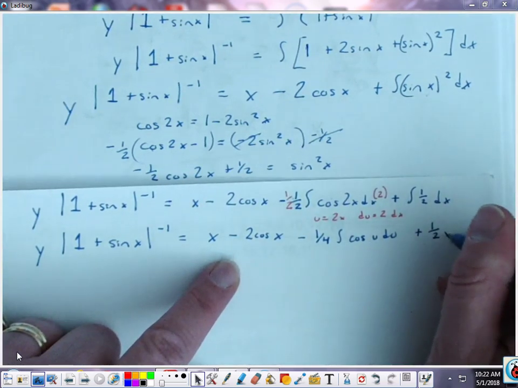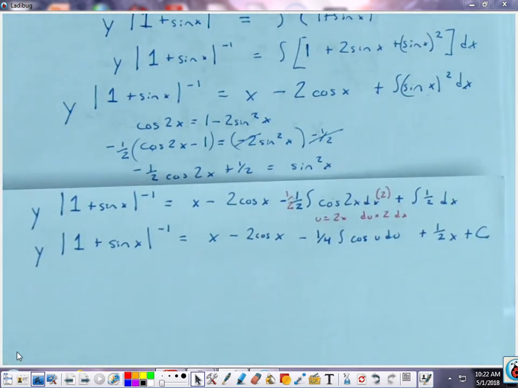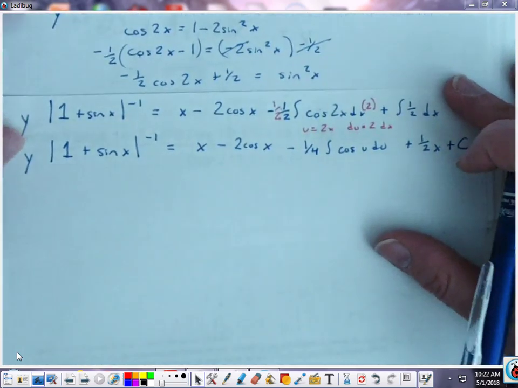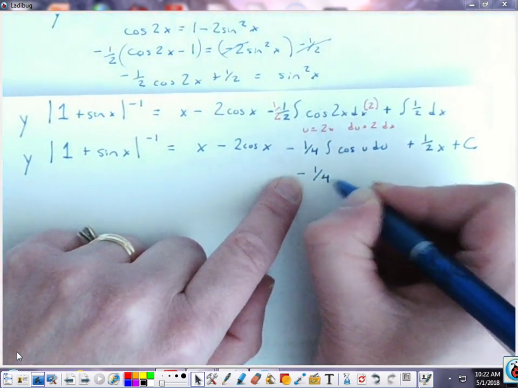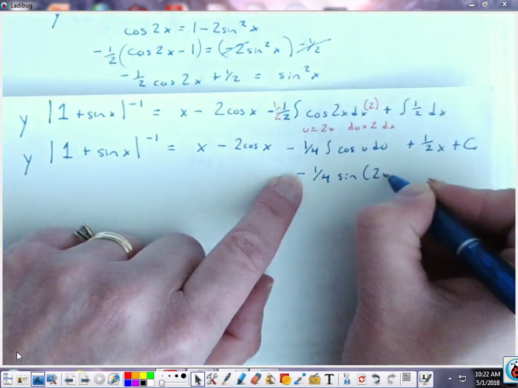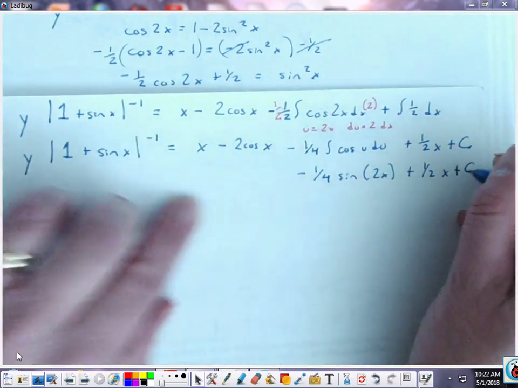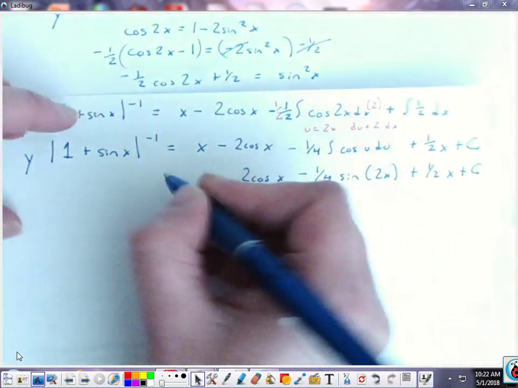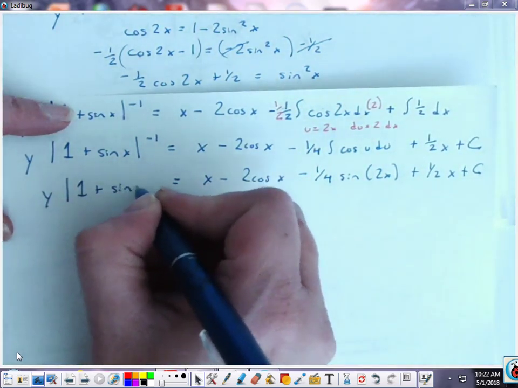This is just a half x. What is the integral of cosine? Sine, so this would turn into sine u, but that would be sine 2x. And everything else I'm just copying over.